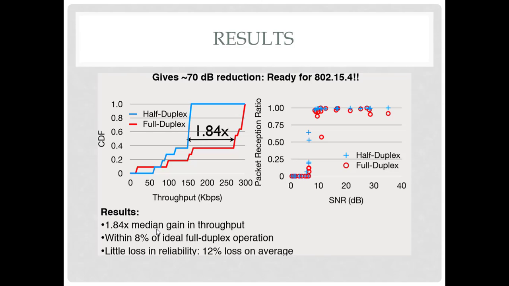So what are the results? As a first plot, you can see that using a full-duplex scheme, we get about 1.88 median gain in throughput here, and our model is within 8% of ideal full-duplex operation.